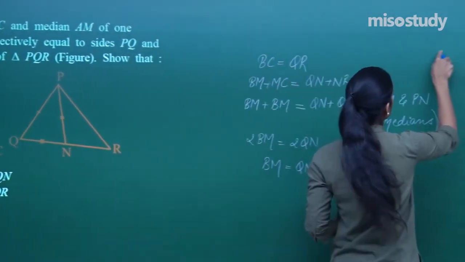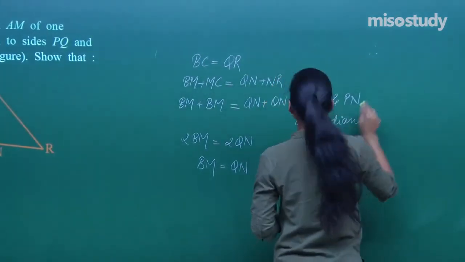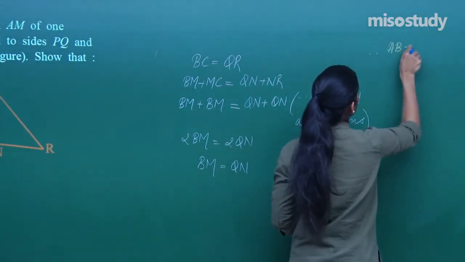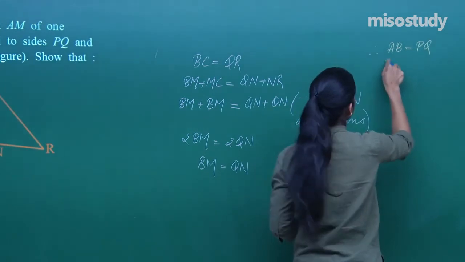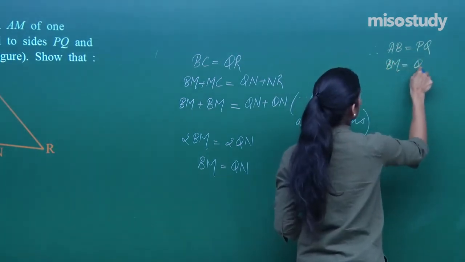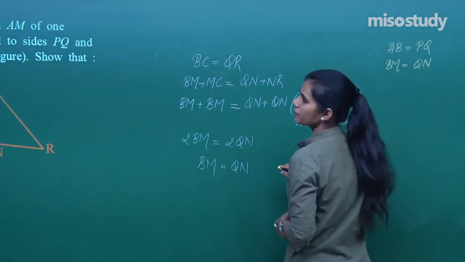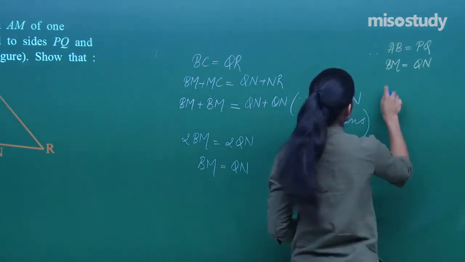So I say therefore AB is same as PQ. I already have BM is same as QN and I have the length of median same, AM is same as PN.